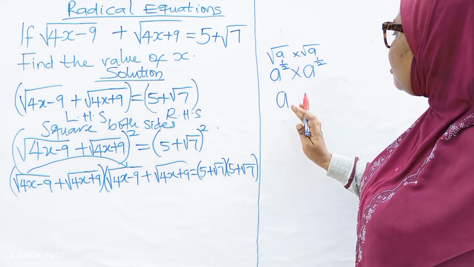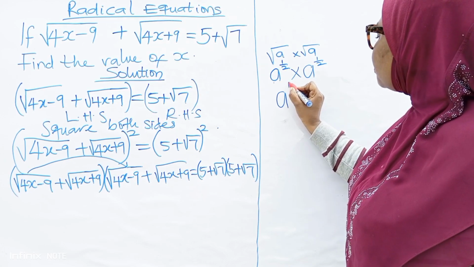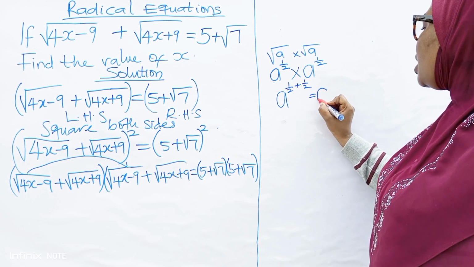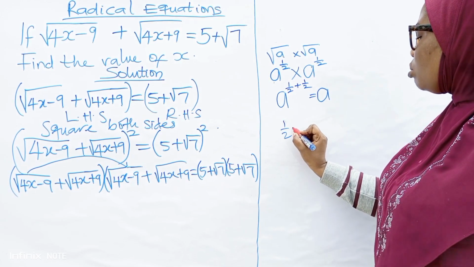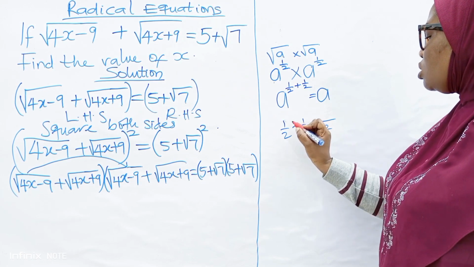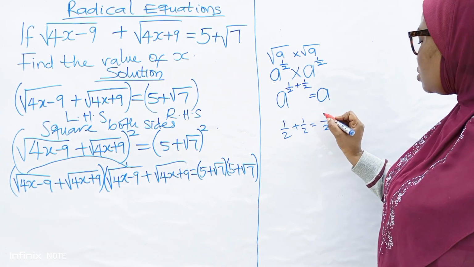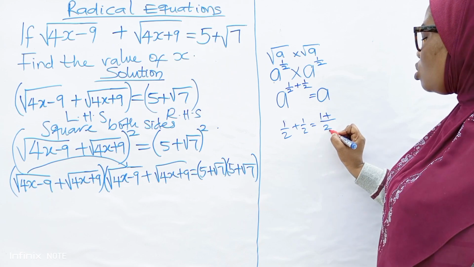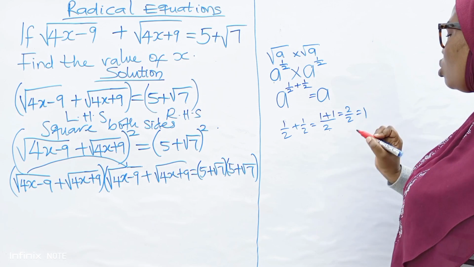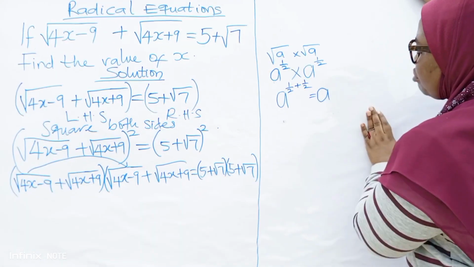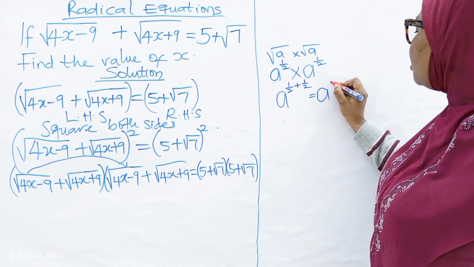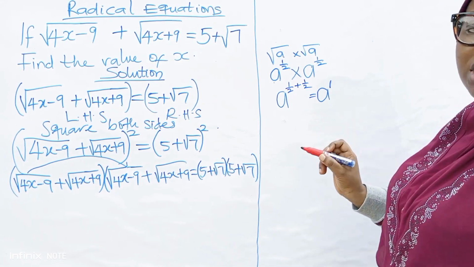So that will be a raised to the power 1 over 2 plus 1 over 2. So 1 over 2 plus 1 over 2 is what? 2 into 1, multiplied by 1, plus 2 into 1, multiplied by 1, we have 2 divided by 2, and that is 1. So a raised to the power of 1 over 2 plus 1 over 2 is equal to a raised to the power 1, and a raised to the power 1 is a.